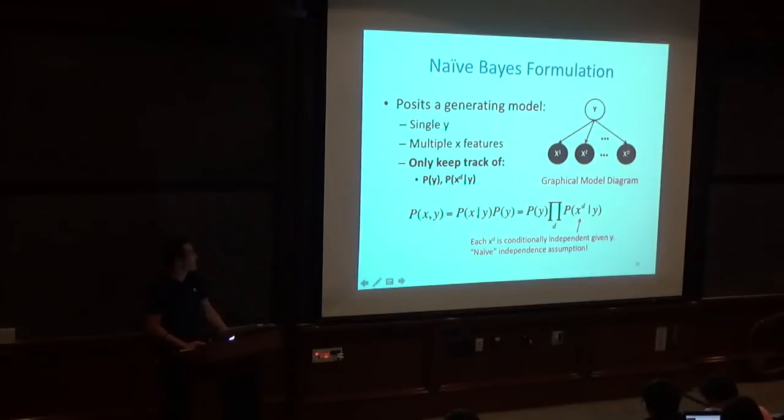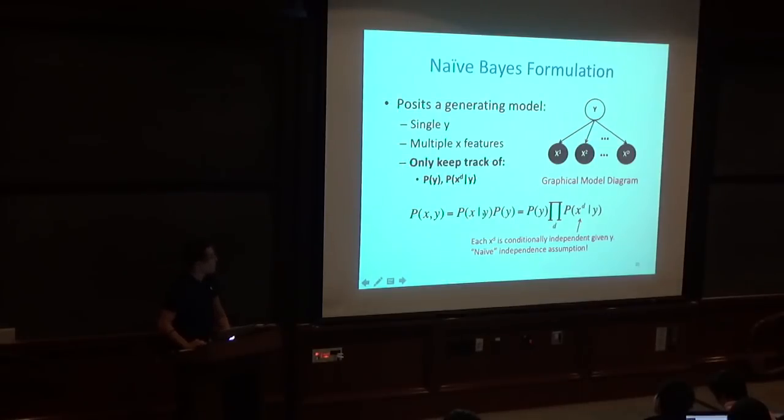P of x comma y is equal to P of x given y times P of y. And each x is then assumed to be conditionally independent given y. That means that the probability of x given y factorizes as the product of each individual x of d given y.